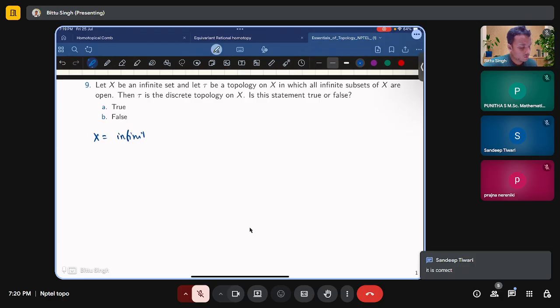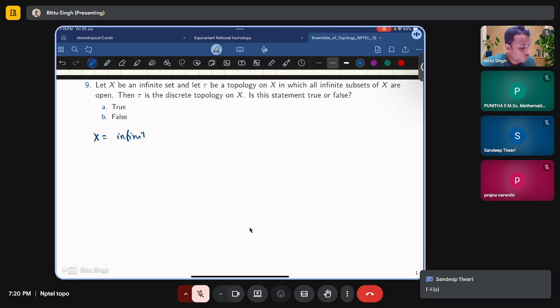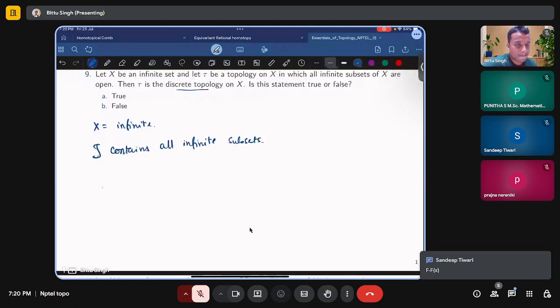X is an infinite set, then we can take two pieces, right? The question is, can this be obtained as a union or intersection of all those other things? This is the main question.